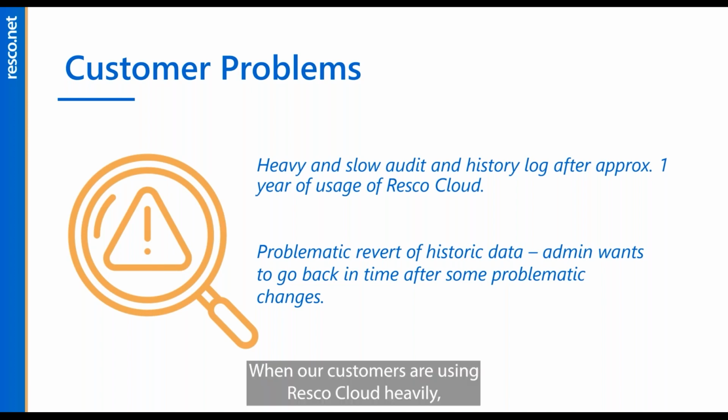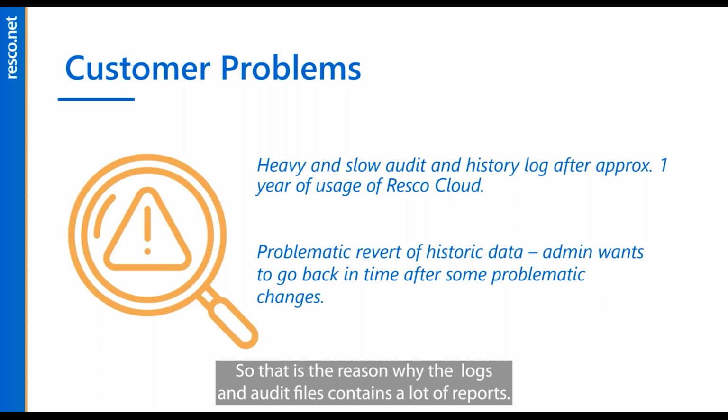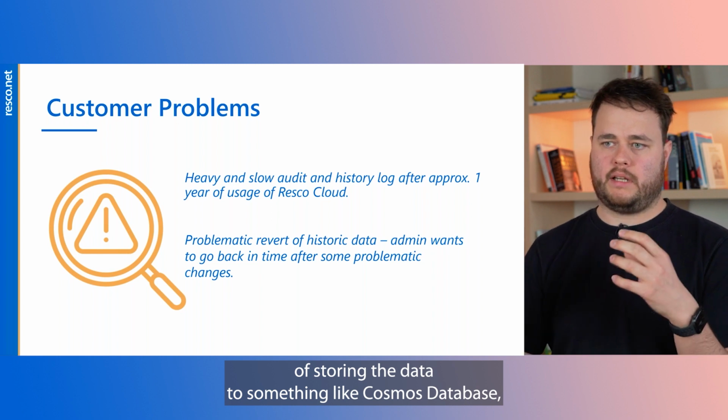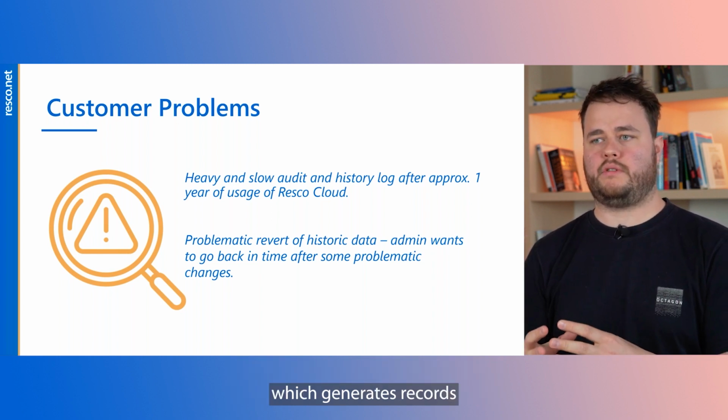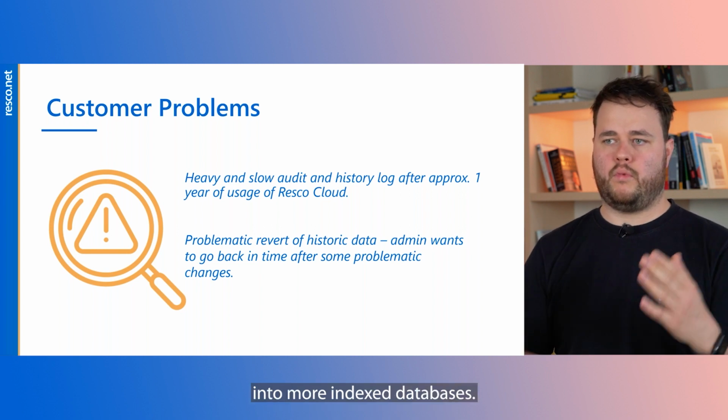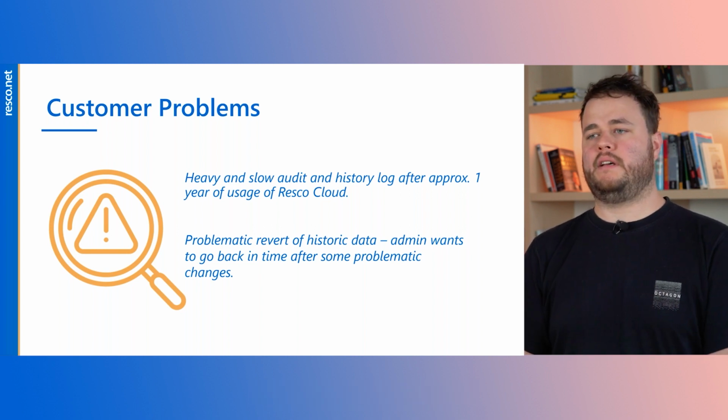When our customers are using Resco Cloud heavily, they're generating a lot of content, a lot of records. So that is the reason why the logs and audit files contain a lot of records. So that's the reason why we decided to switch from the usual way of storing the data to something like a Cosmos database, which stores records in more indexed databases.